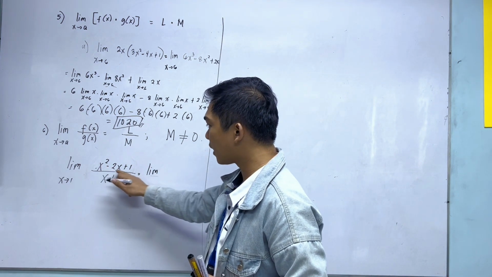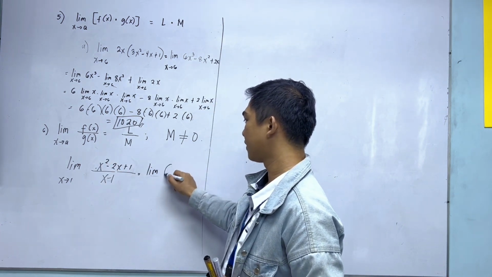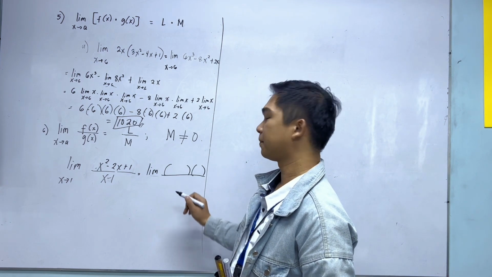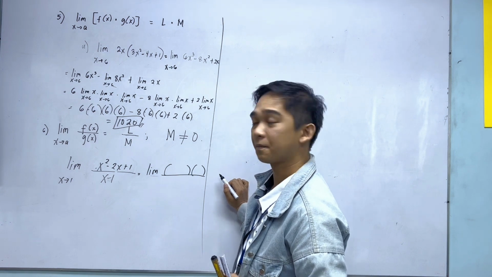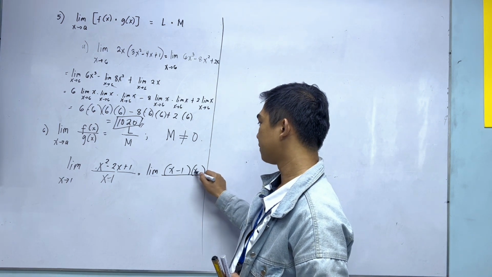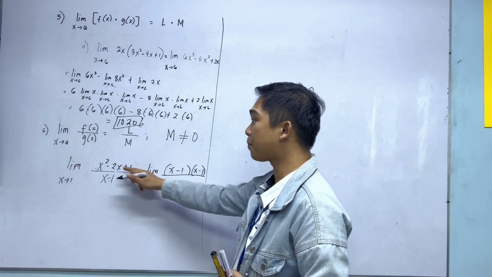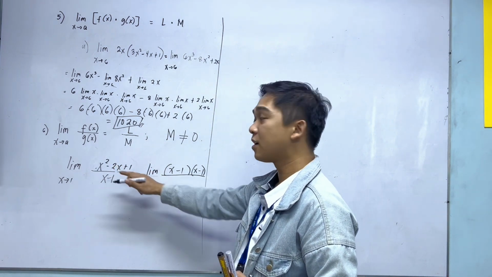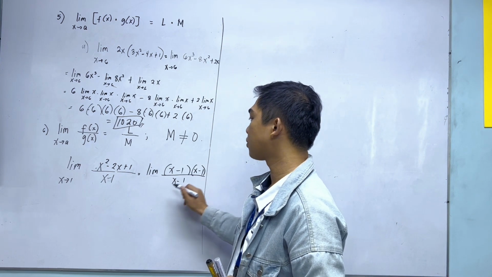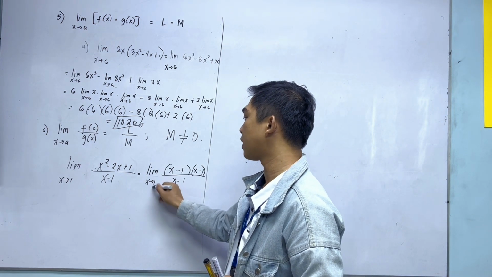Ano factor ng numerator? X minus 1, x minus 1. This is a perfect square trinomial. So x minus 1 times x minus 1. Then just copy x minus 1 as x approaches 1.